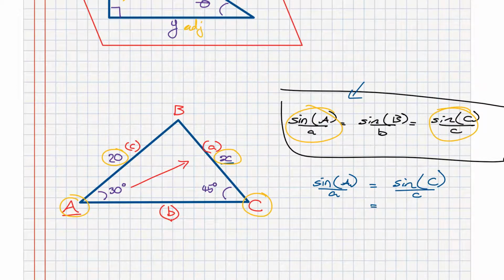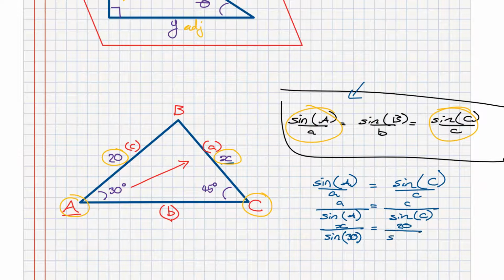And then I'm going to flip everything upside down. So a over sine A equals c over sine C. Now that I've got it all flipped around, I'm going to sub in my values. Upstairs for a, it's going to be x, and then downstairs, sine A is going to be 30 degrees. On the other side, for C, it's going to be 20 divided by sine C, which is 45.